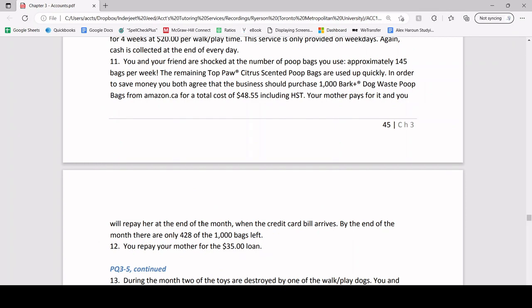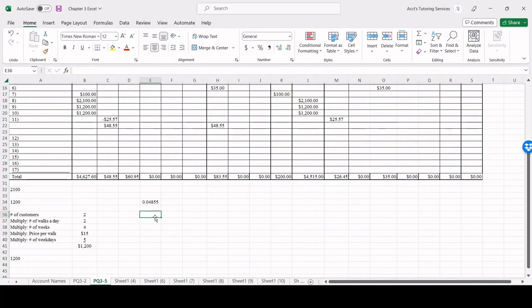Now they're saying that by the end of the month, there are only 428 bags left. So we had 1,000 bags. Left were 428. That means we must have used up the difference. Remember, an expense is what we used up or consumed, correct? So we used up 572 bags.